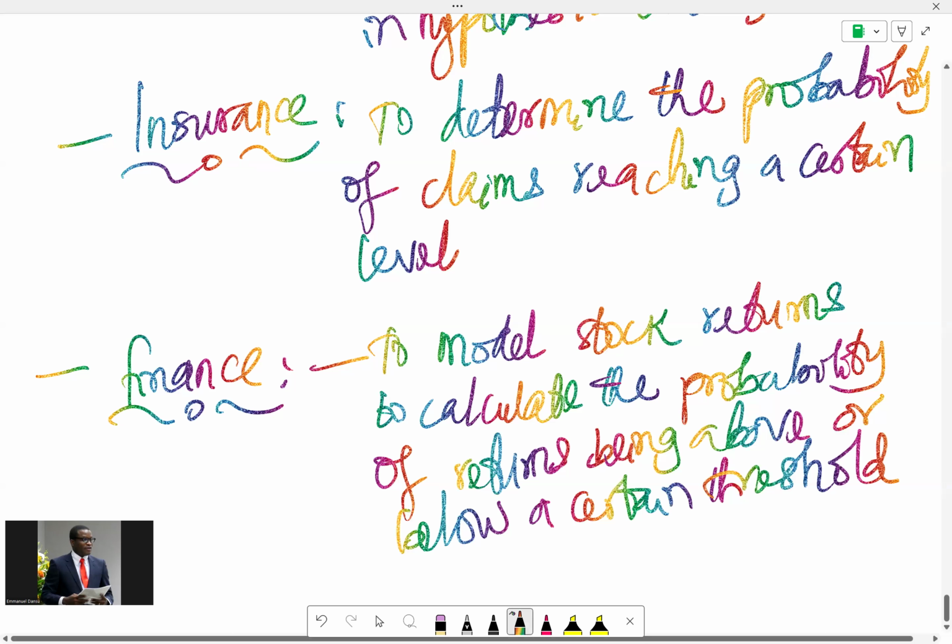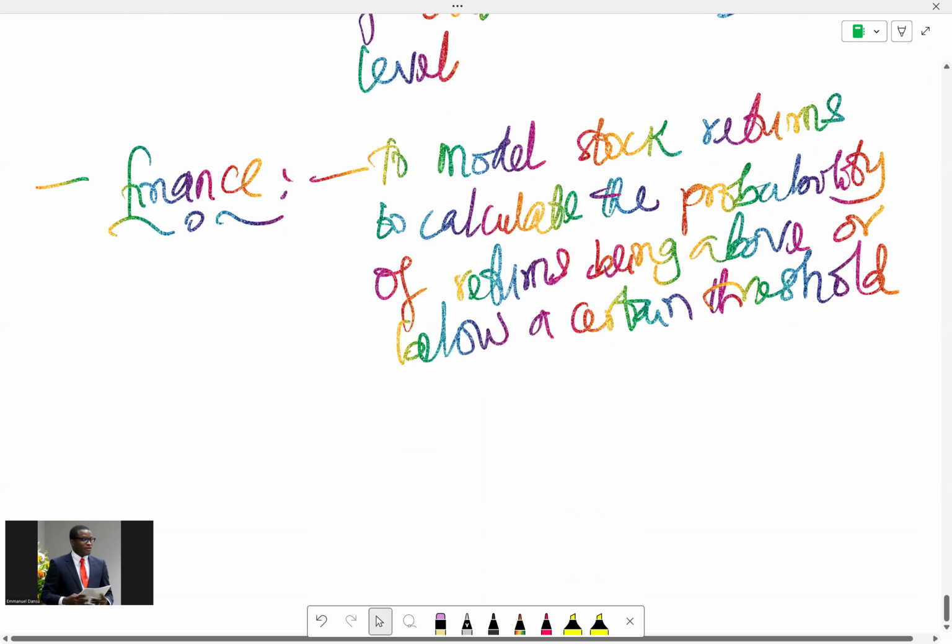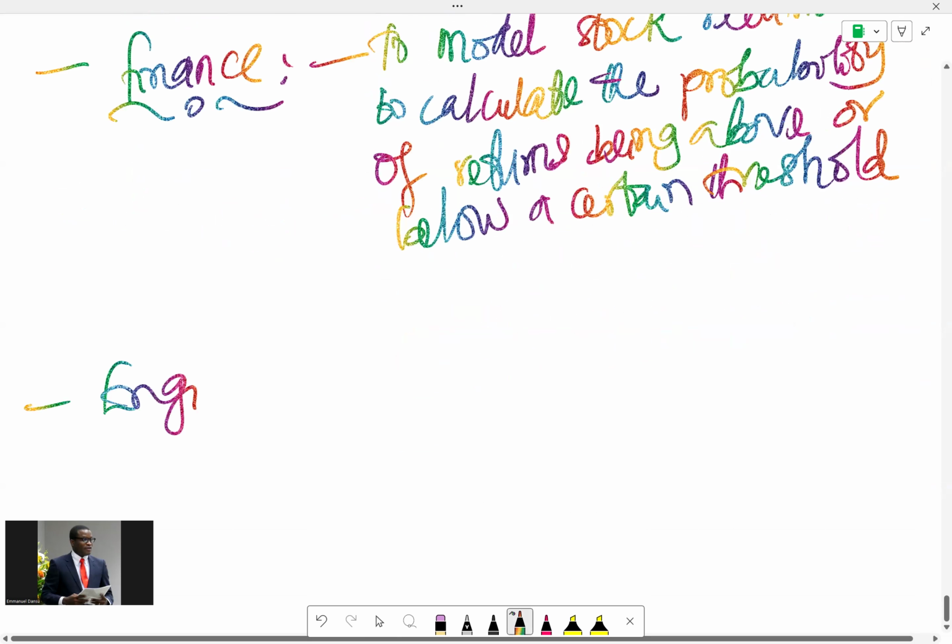Then of course it's useful in engineering. Since it's cumulative, you want to know how things can add up to a point.